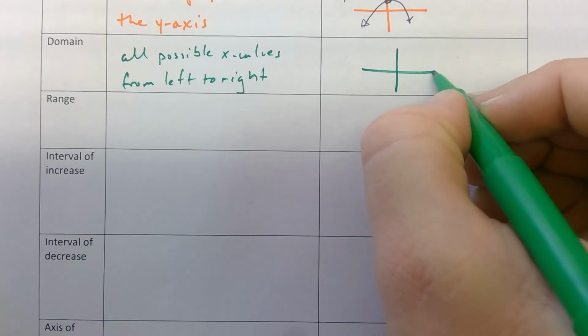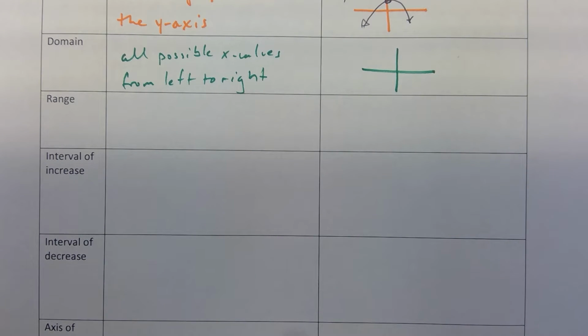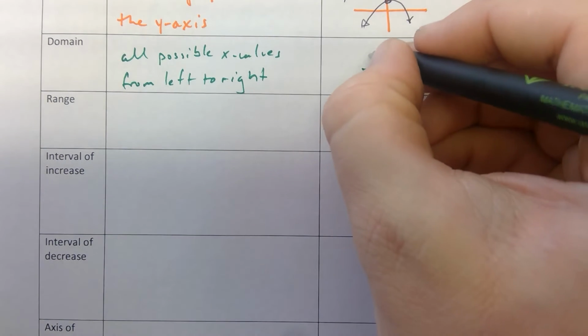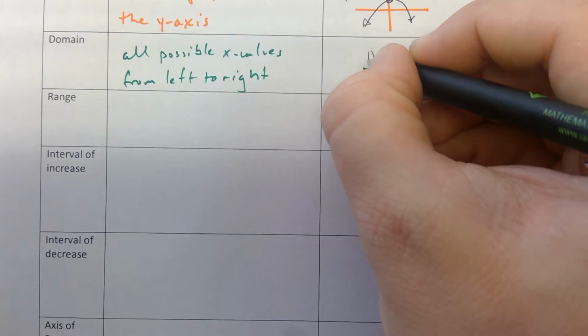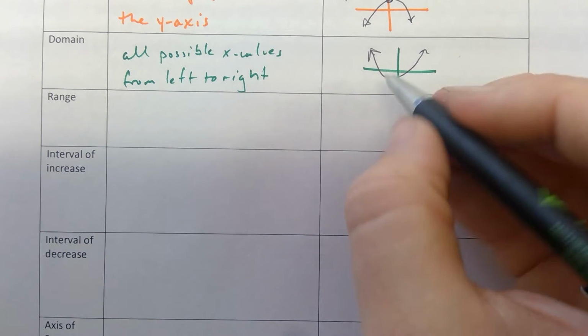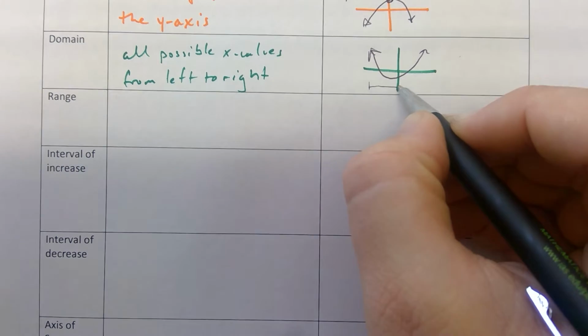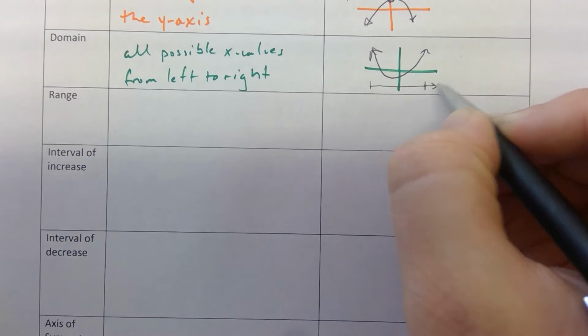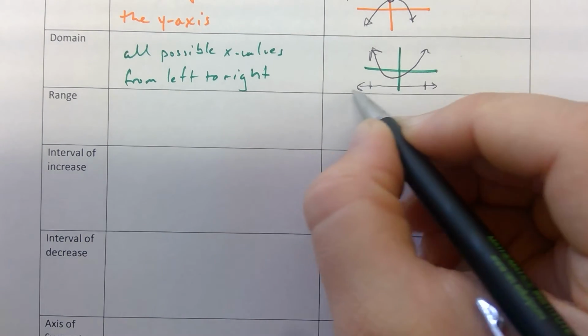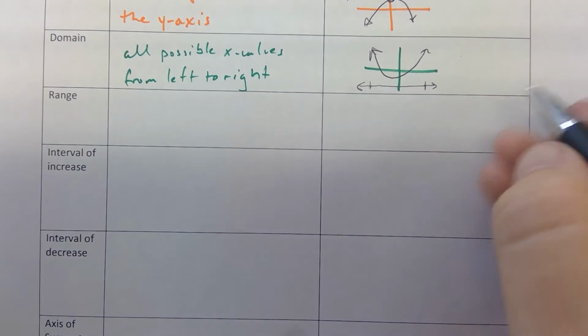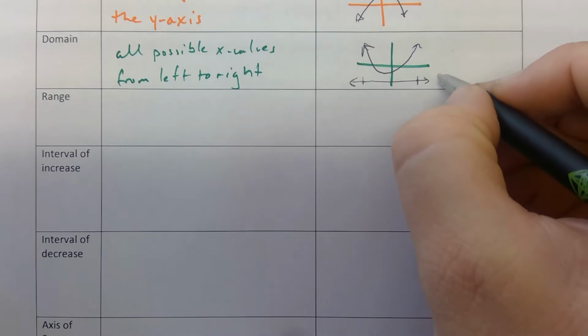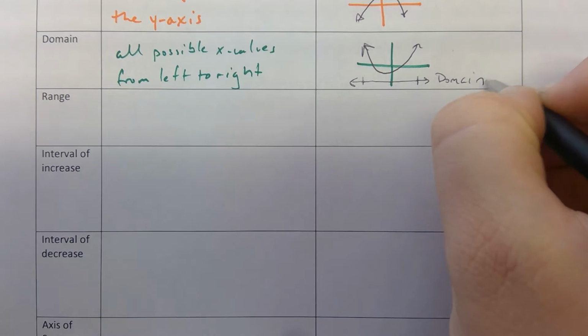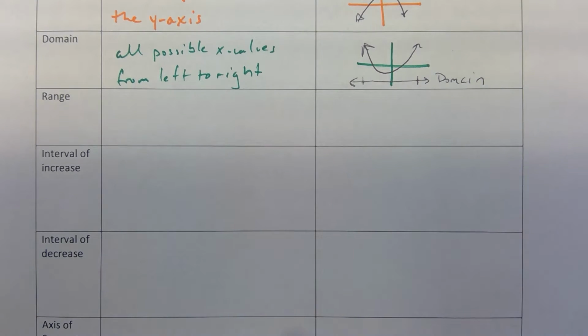We'll draw a little picture. So if we draw our graph here, our domain is our x values. Now since there's arrows on the end, I put arrows on the end there. And so here is our domain. It goes on forever.